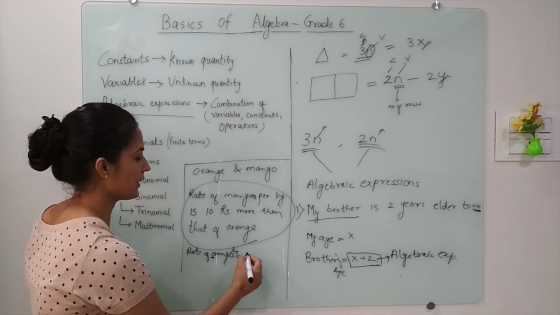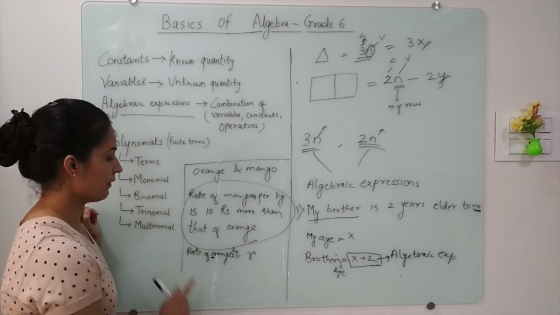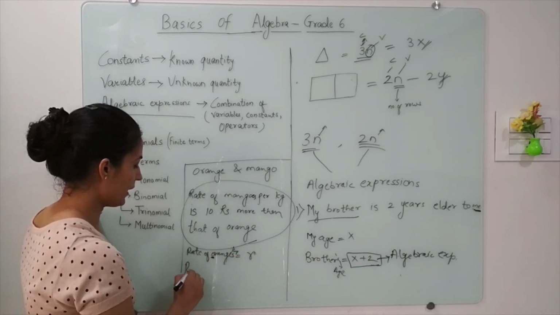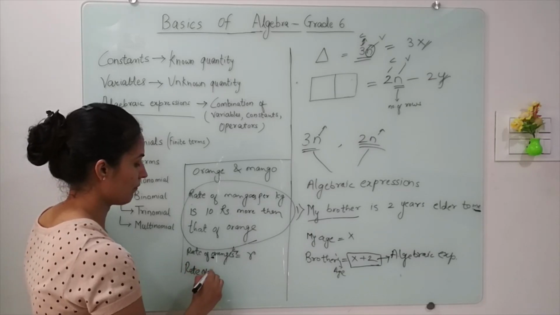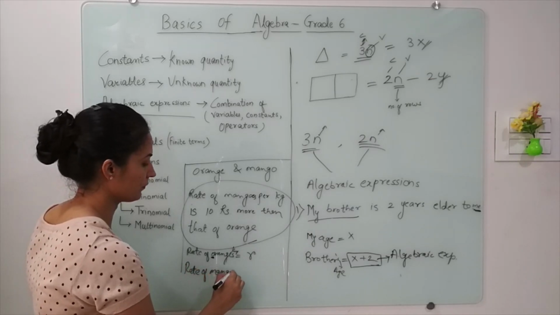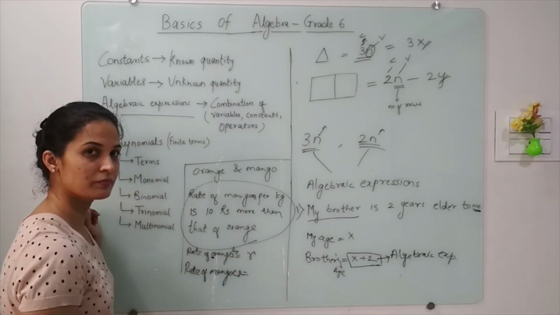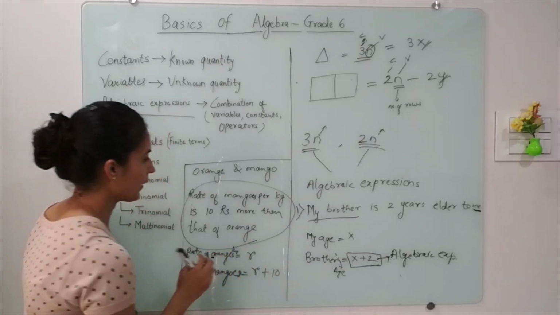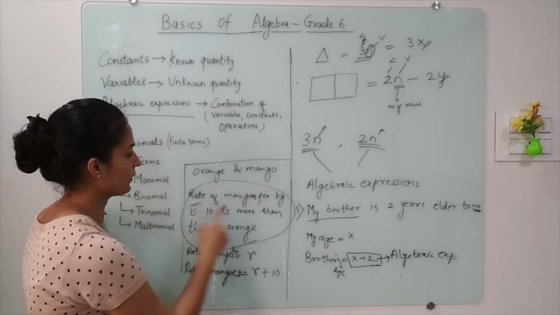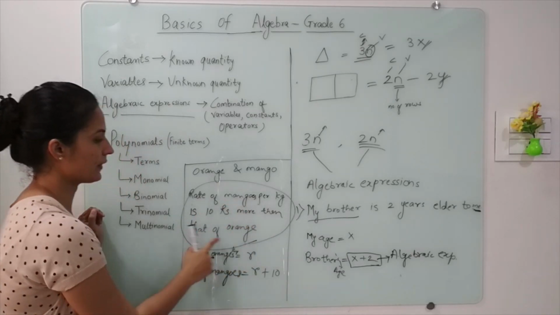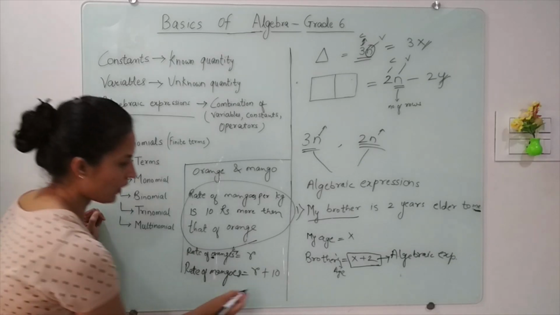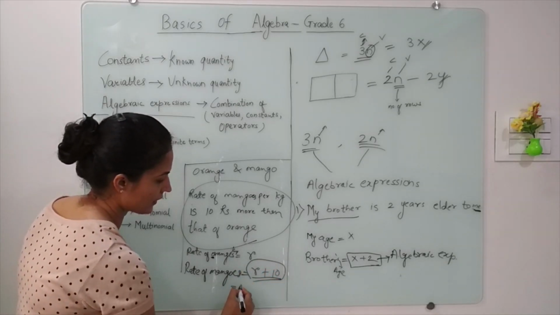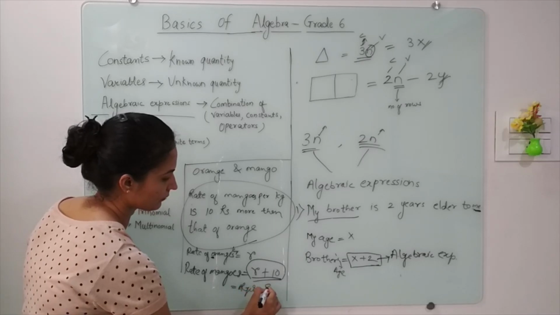Let me represent it as R. The rate of oranges per kg is R. So the rate of mangoes will be equal to R plus 10, because the rate of mangoes per kg is 10 rupees more than that of orange. So again, this particular expression is called an algebraic expression.